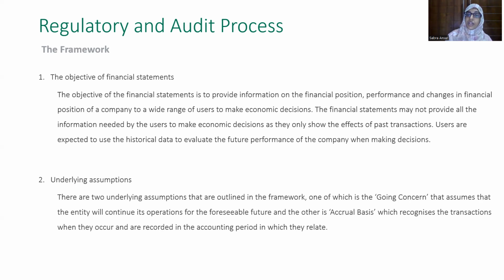Then the other is called the accrual basis. Accrual basis is recognizing the transaction when it occurs, and then it is recorded in that particular accounting period. For example, there are certain transactions which occur at a certain time, but maybe the payment, the full transaction, does not complete at that time. Like when it comes to credit. If you take a basic situation where there is a credit sale, does the cash come in?